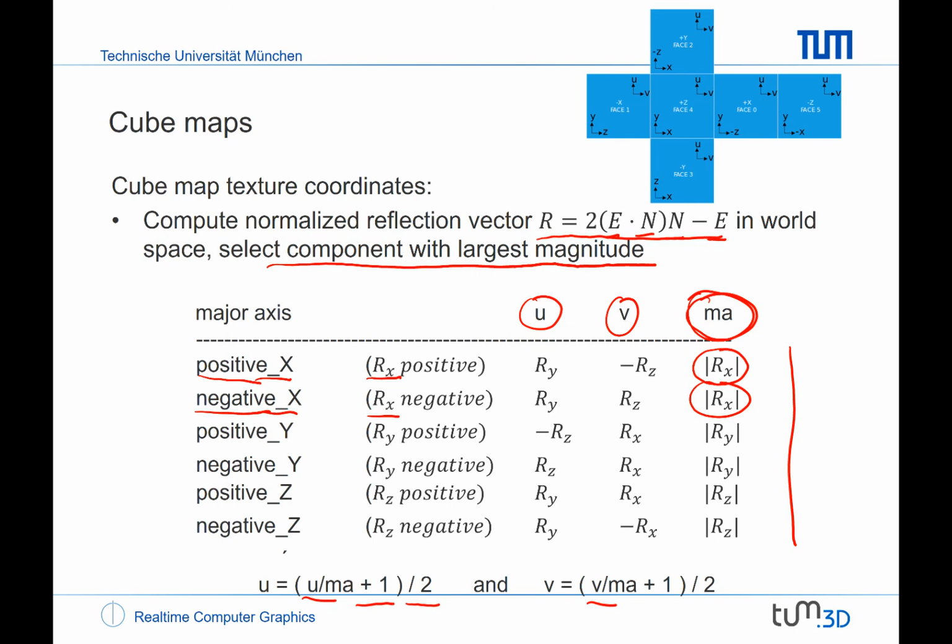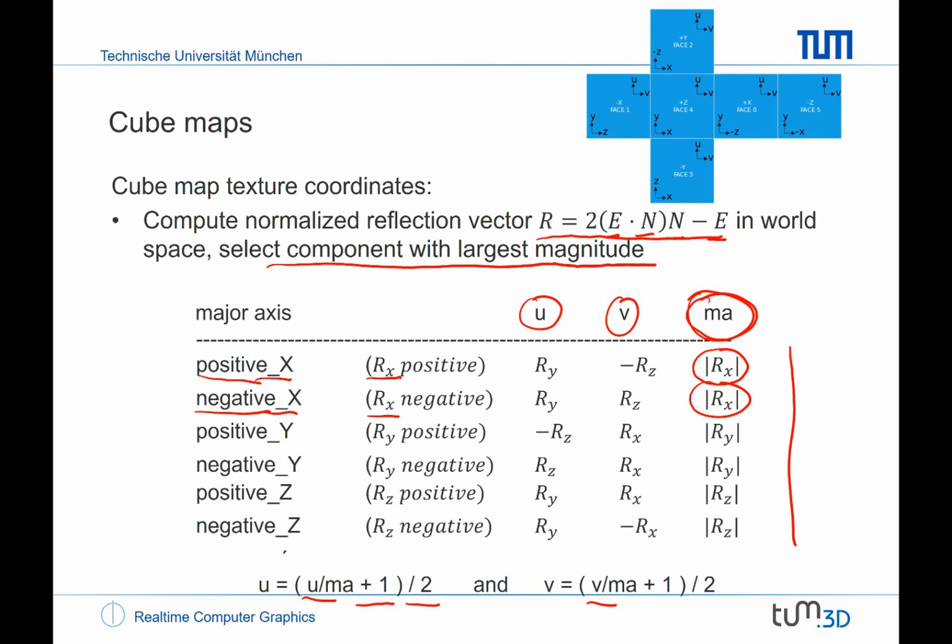So you see exactly what you would have to do in a fragment shader. You have conditionals. First of all, depending on which is the largest component of the computed reflection vector, you decide whether you are selecting the positive x or the negative x, the positive y, the negative y, or the positive z or the negative z cube map face.